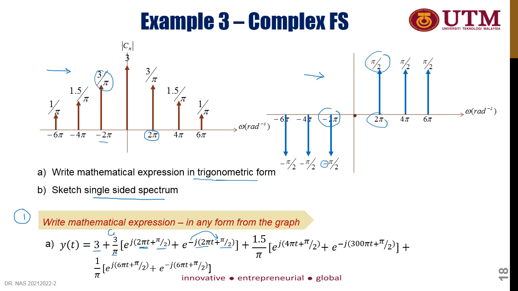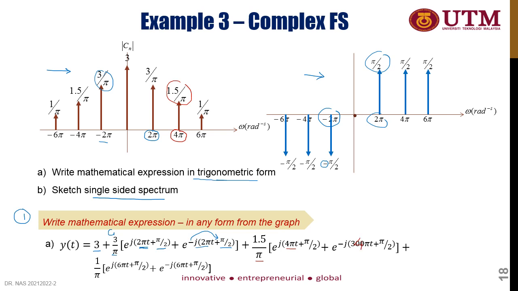Okay, move on to omega equal to 4 pi. Now the magnitude is 1.5 over pi, for positive frequency 4 pi, and negative frequency 4 pi here.